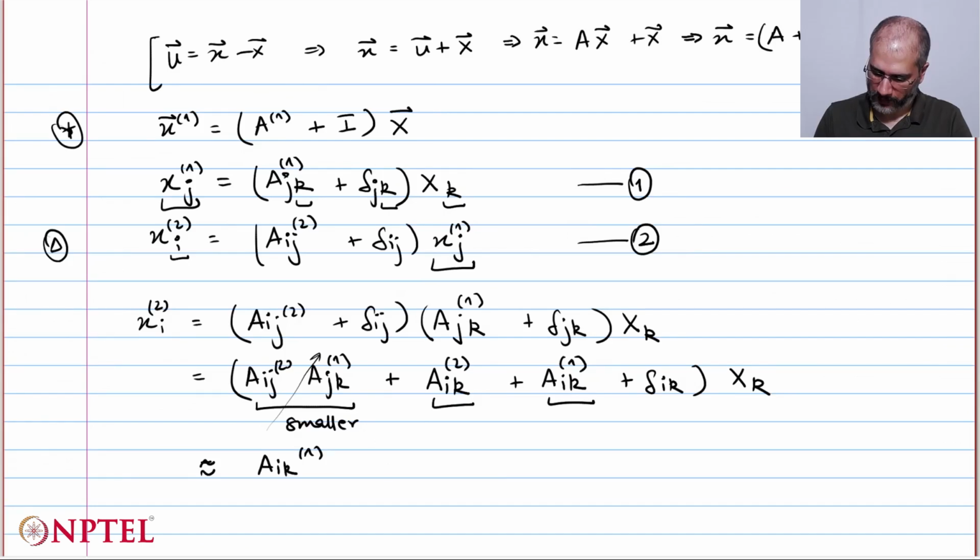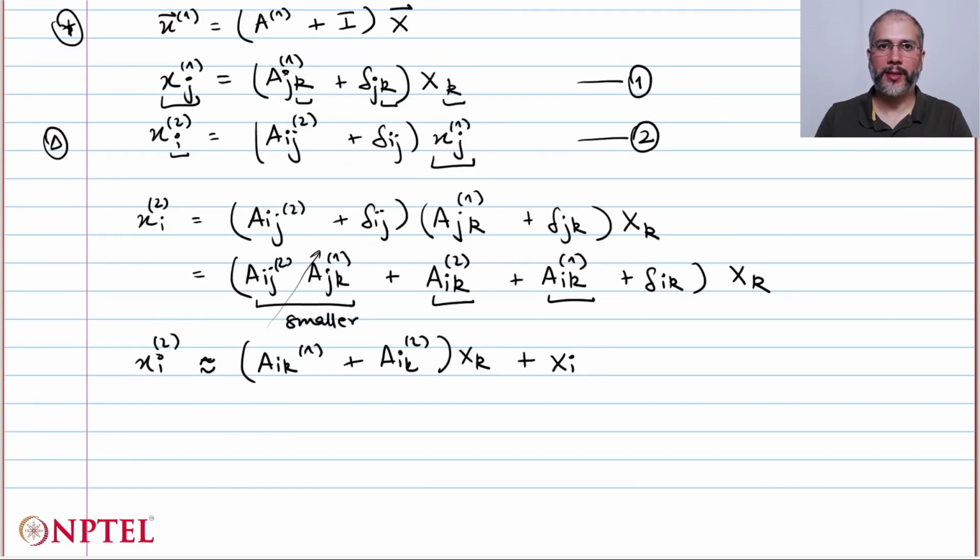So this approximately becomes aik1 plus aik2 plus a delta ij times xk. In fact, let's call it xk, and then plus a delta ik xk, which becomes xi.